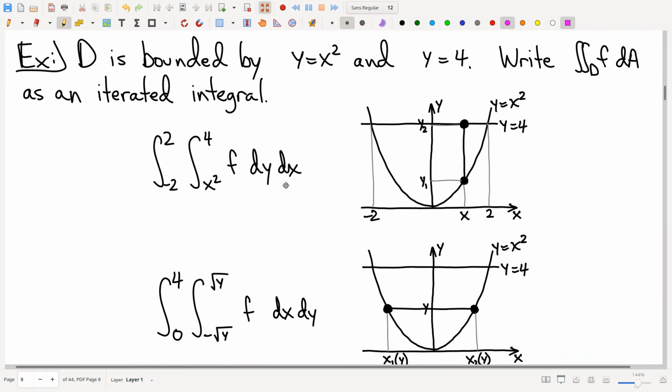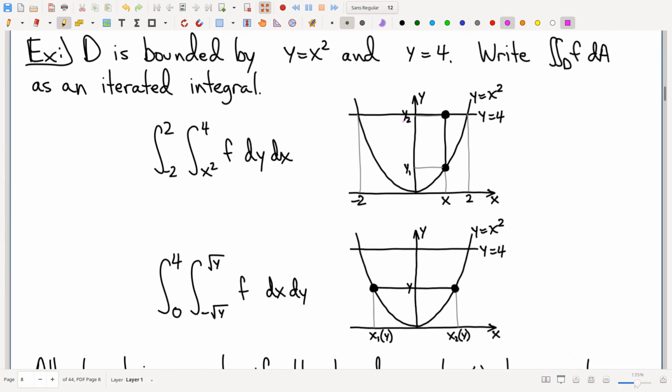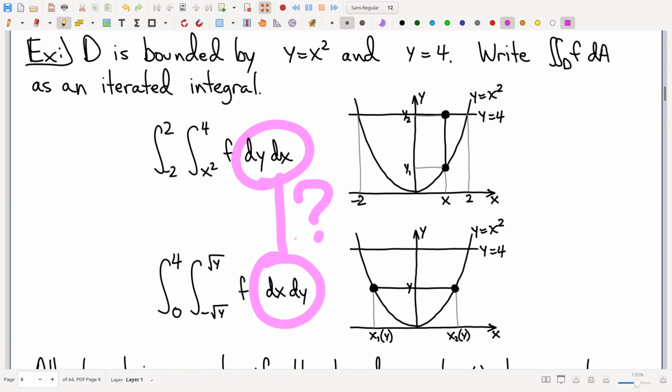This next example, the motivation is to try to learn a strategy for how to choose which way to slice. We've got these two different choices. I could slice either way: x on the outside or y on the outside.